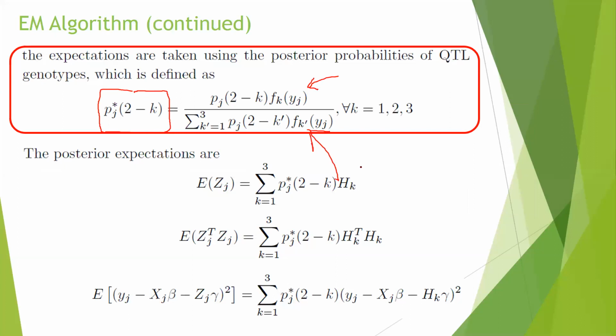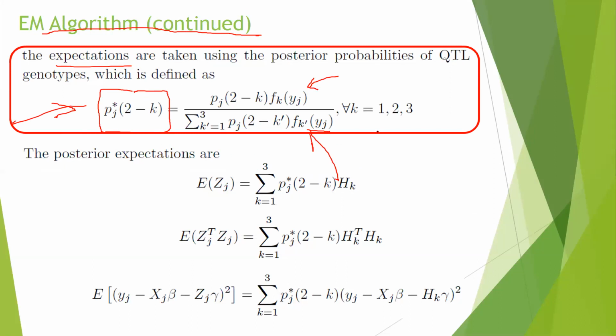So how do we explain this formula? Can anyone help me to understand this? This is the E step. This is a probability for the three genotypes.